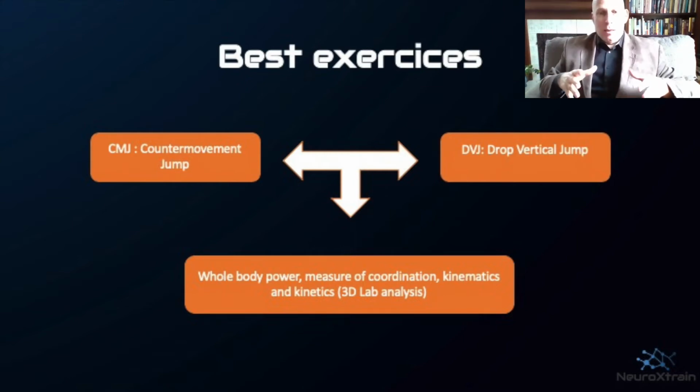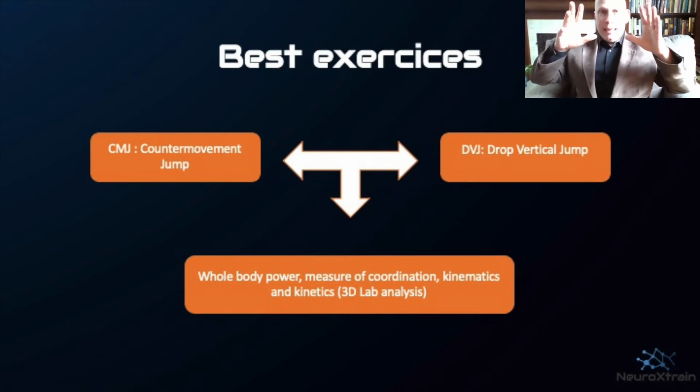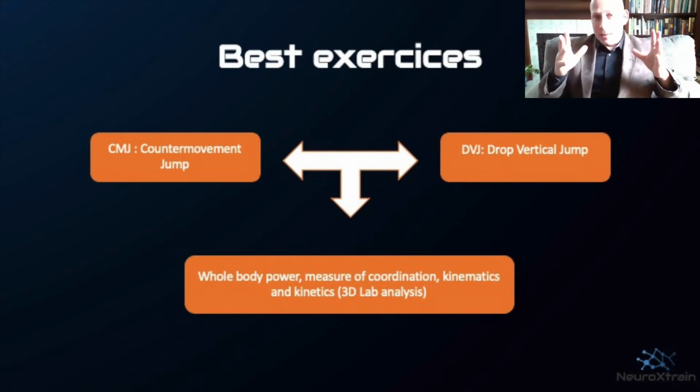There, it's a 31 centimeter box, or 1 foot box in English measure, and they drop off the box, and then they go and try to hit that target. Usually we use a basketball, for example, but whatever target you want to utilize, it should be set at their maximum vertical height from their counter movement jump.